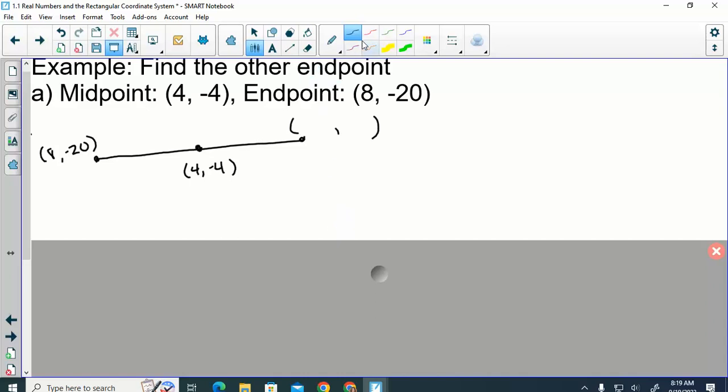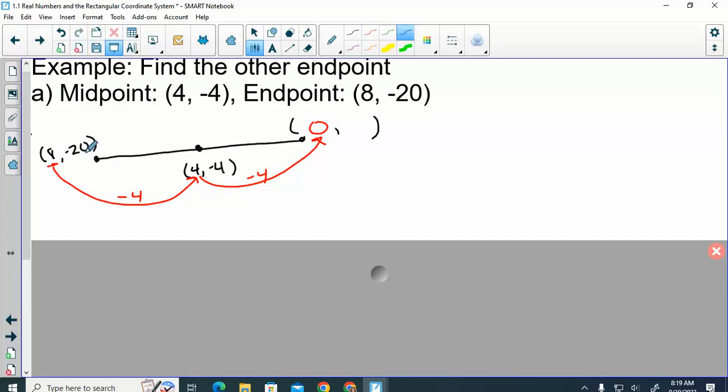So we can look for a pattern. If you're starting at 8, what do you have to add or subtract to get to 4? We subtracted 4. So to get to the other one, we just do that again. We subtract 4. So 4 minus 4 is 0.